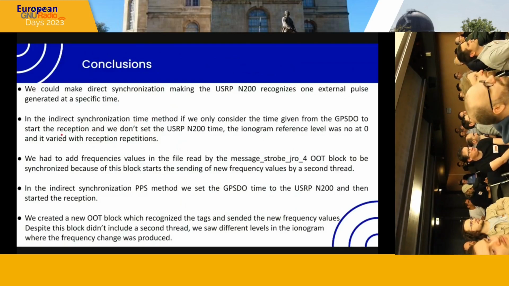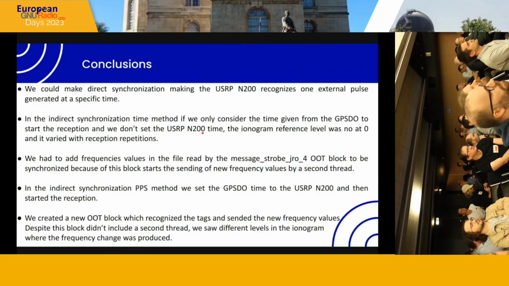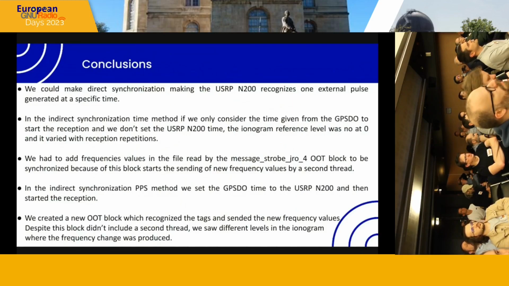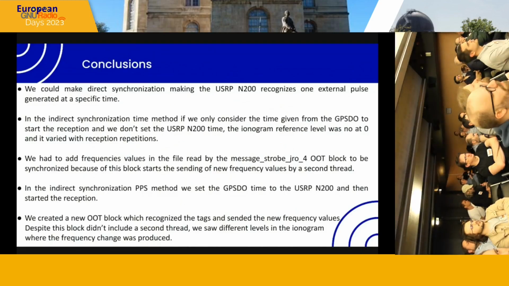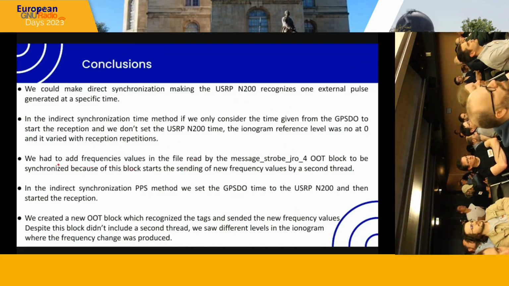In the indirect synchronization time method, which is the second method, if we only consider the time given from the GPSDO to start the acquisition and we don't set the register of the USRP N200, we obtain bad ionograms. We didn't get the reference levels at zero. We had to add frequency values because the first OOT block created was asynchronized.